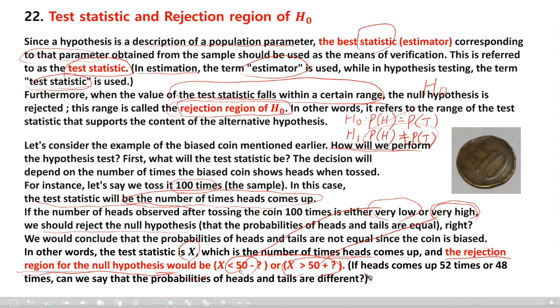If heads comes up 52 times or 48 times, can we say that the probabilities of heads and tails are not equal?